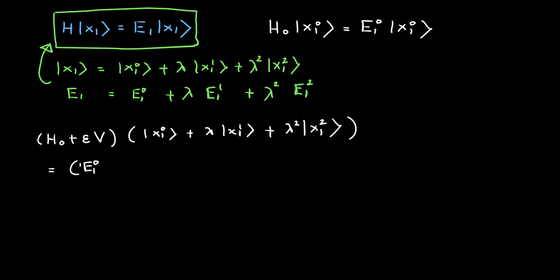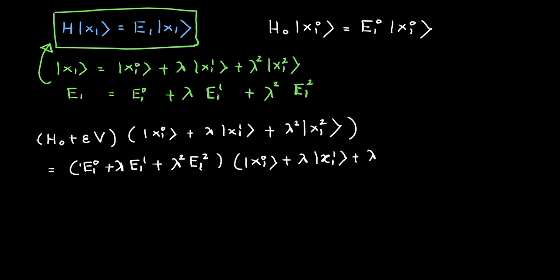So e1 0 plus lambda e1 1 plus lambda square e1 2, and then again you have x coming back. So again x1 0, lambda x1 1, lambda square x1 2. So it looks a bit big, but actually it is very simple. Okay, so now how to solve it? It's very simple.